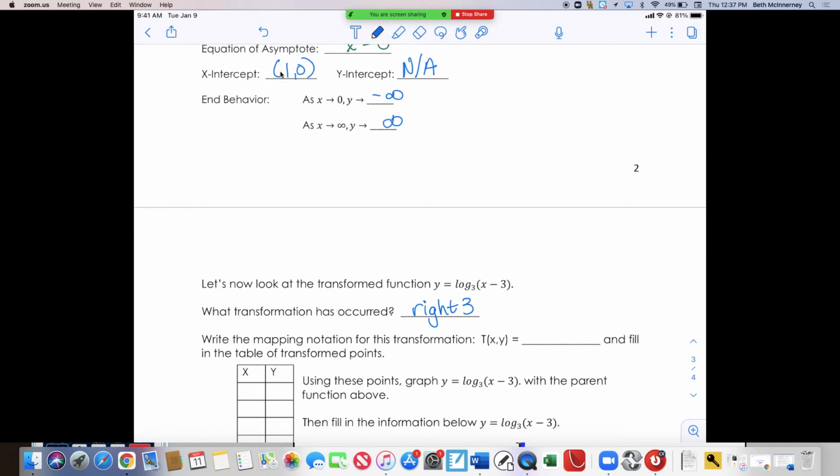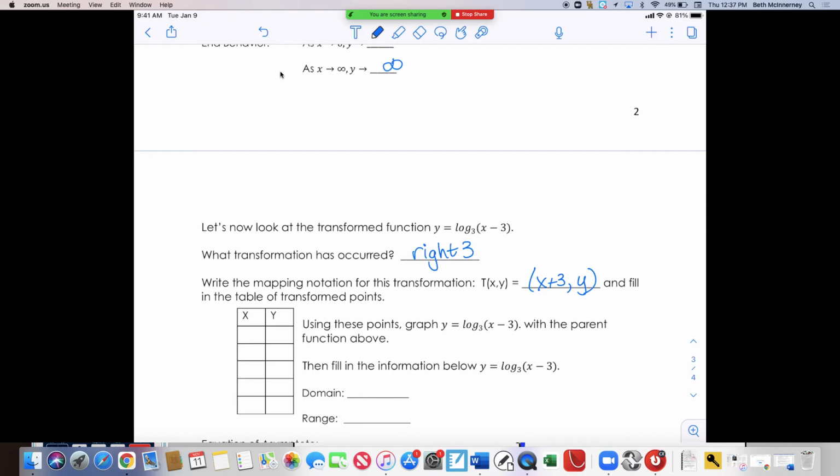Then what's the mapping notation if I want to move all the points right 3? X plus 3, comma y. So go ahead and fill in the table with this mapping notation. Add 3 to your x values, but the y values stay the same.